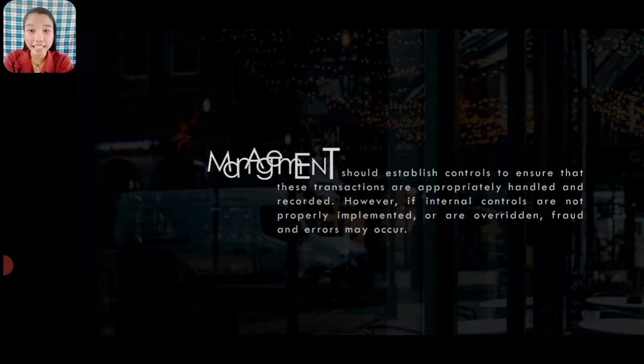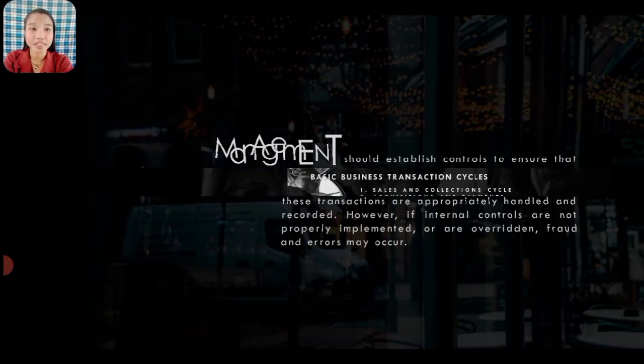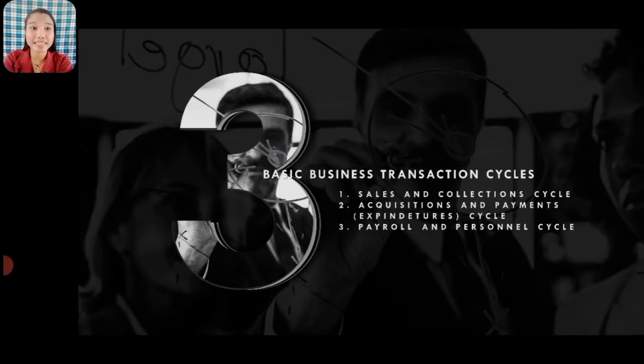So basically, without proper implementation of the key controls by the management, fraud and errors may occur. Thus, the management must have an optimal way to handle and control the business to avoid these errors and irregularities in a business transaction.